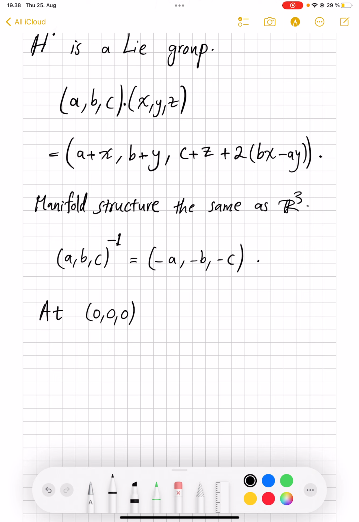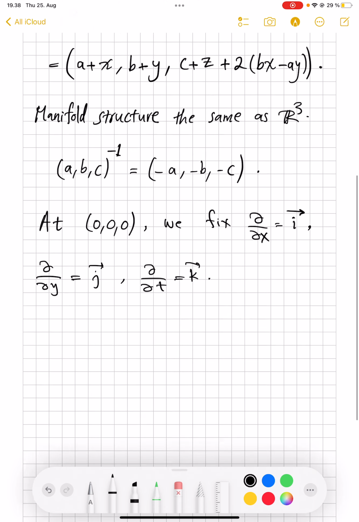So at (0, 0, 0) we fix the usual vectors: partial x, which is like this vector, partial y, which is this vector in the y direction, and partial t, which is this vector. So at (0, 0, 0), we fix the usual unit basis.